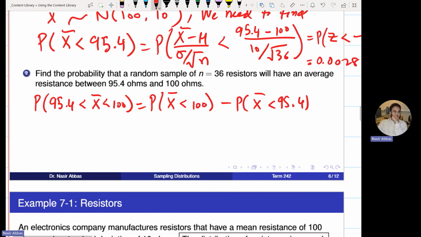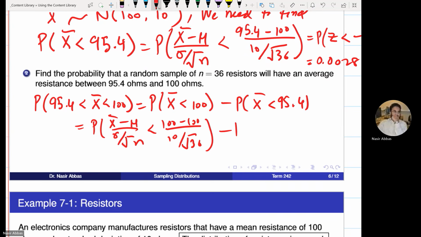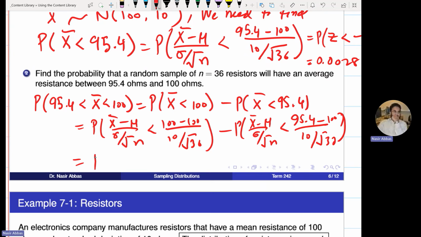Now convert it to Z. This is the probability of Z less than 0 minus the probability of Z less than minus 2.76 we got.